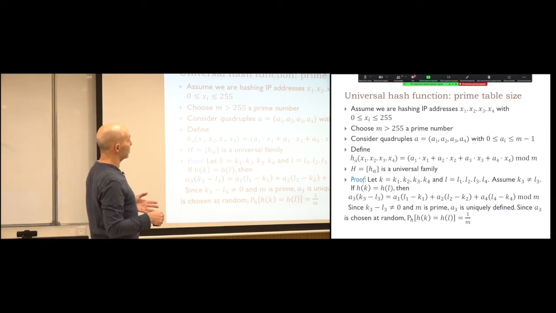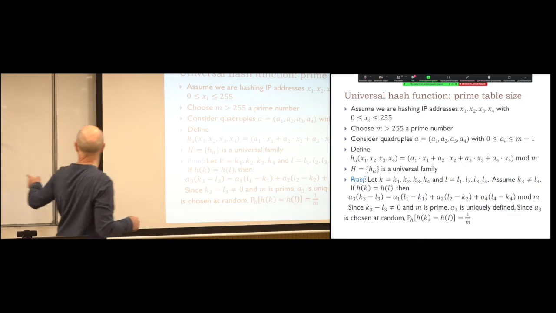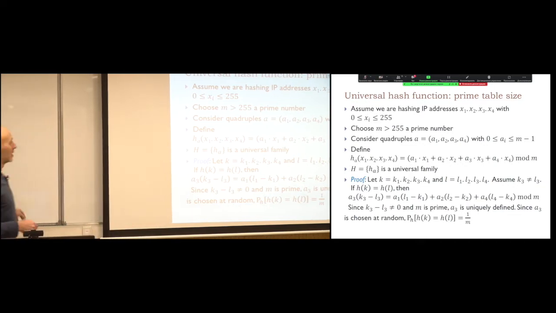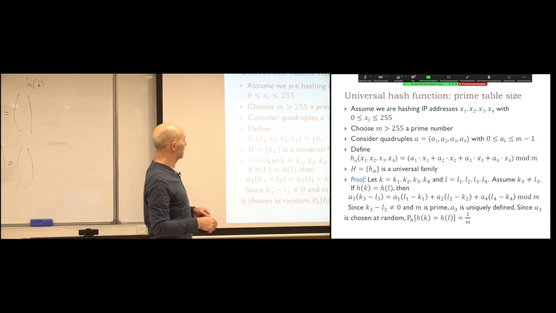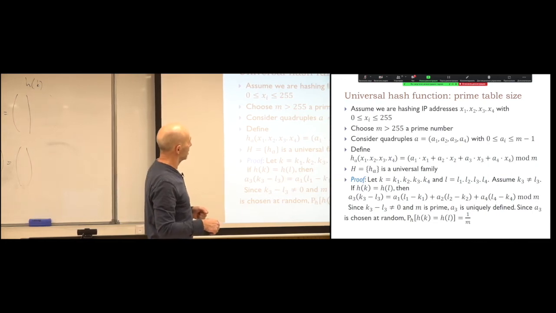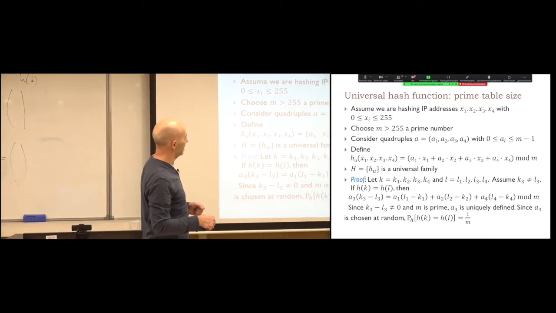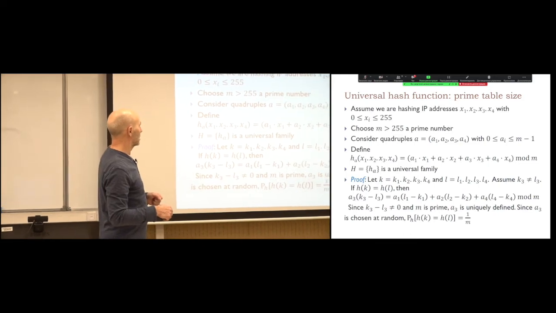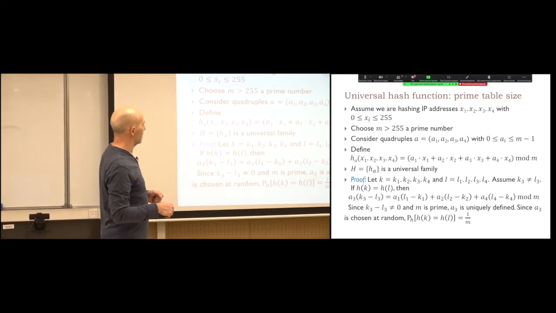And the proof is actually similar to this proof. Interestingly enough, it's pretty similar. So the proof goes like this. Assume we have two keys again, k and l, which are distinct.